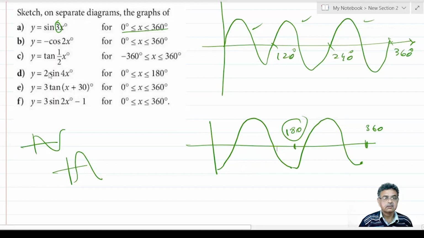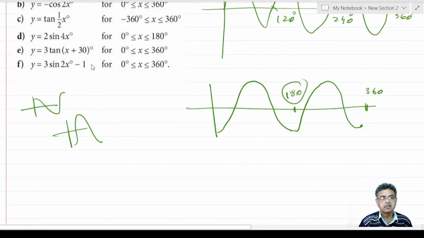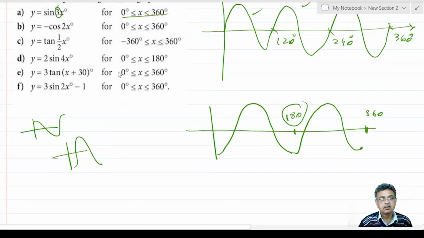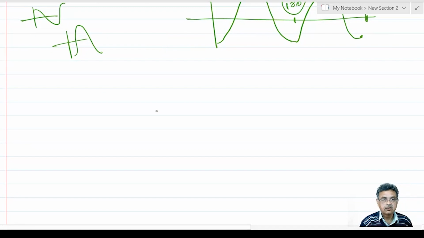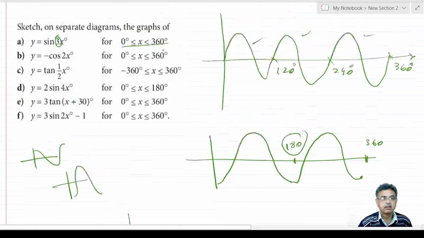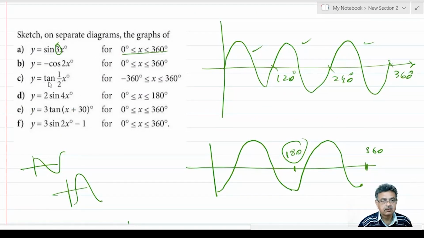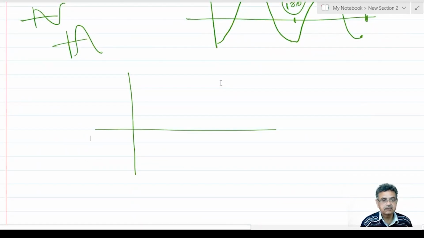Okay. Then next, tangent half x. And this time its domain is from minus 360 to 360 degrees.